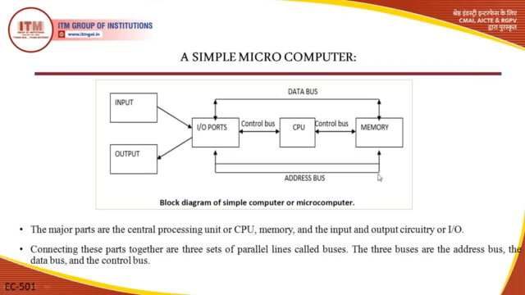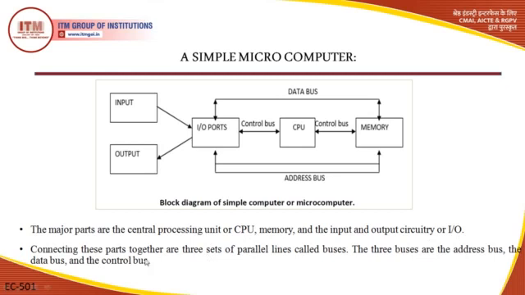And from this memory, through the IO port, we can display the result at the output device. You can imagine this as a monitor. So the major parts are the CPU, memory, and input and output circuitry.